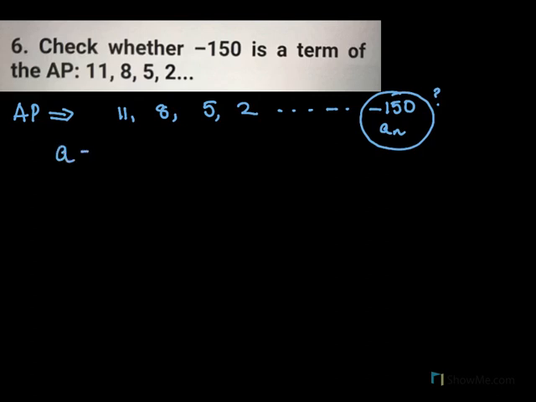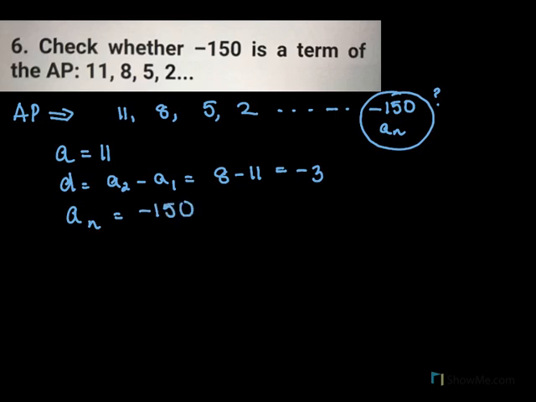So if you look here, my first term is 11. The D is A2 minus A1, 8 minus 11, and that is minus 3. And we saw that we have to find out, we'll just put AN equal to minus 150. We don't know if minus 150 is a part of the AP.